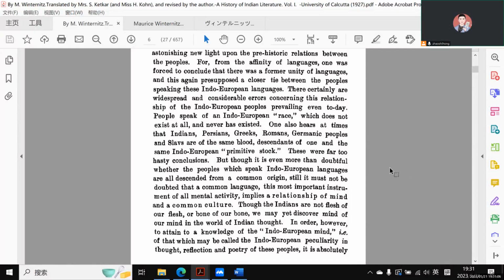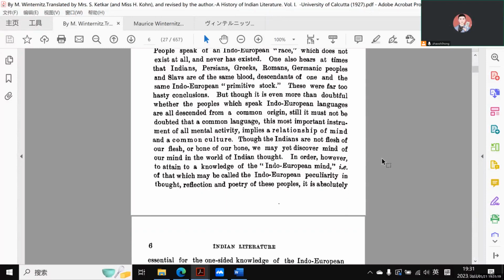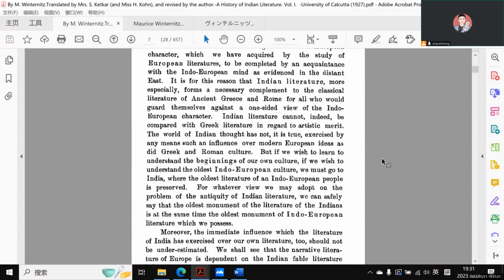It cannot be proved, because we are so mixed with other nations that sometimes you cannot even recognize it from blood. It's not possible. Okay.